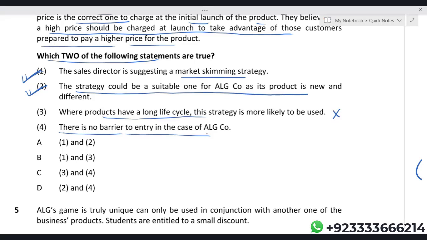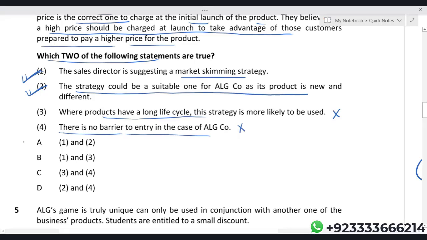So high development cost is a barrier for the new entrants because everybody is not willing to spend such a high development cost. So why is statement number 4 incorrect? Because a barrier exists in case of ALG company and they are saying there's no barrier. The barrier is high development cost. That is why this one is not correct.